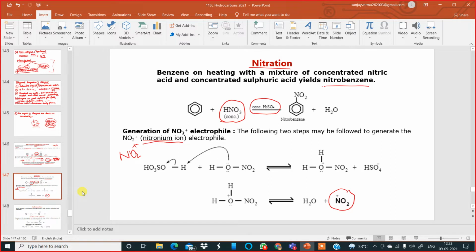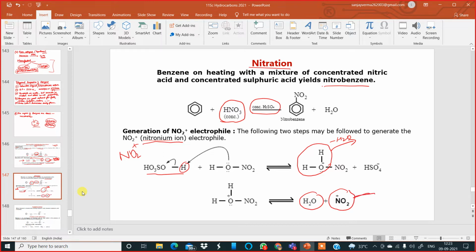Have a look. This hydrogen of the sulfuric acid is taken away by this oxygen of the nitric acid, and then this part leaves in the form of water, minus water from the ion which is produced. So leaving with us only NO2 plus. Water is left and we have got the nitronium ion.